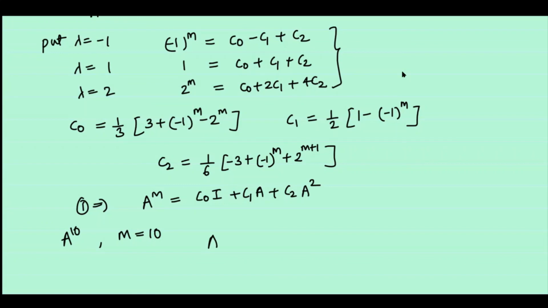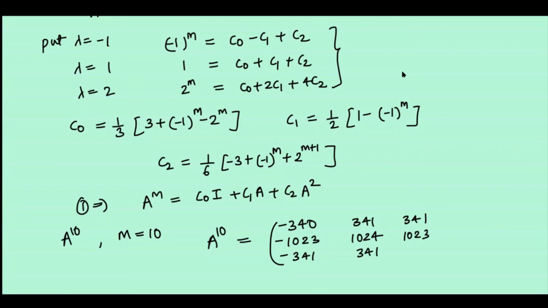So we will get A raised to 10 as minus 340, 341, 341, minus 1023, 1024, 1023, minus 341, 341, 342. So we can see that using this formula, it is very easy to compute any power of A.